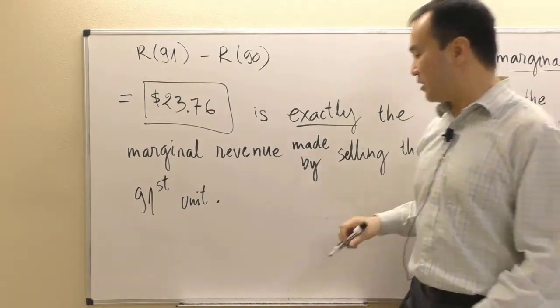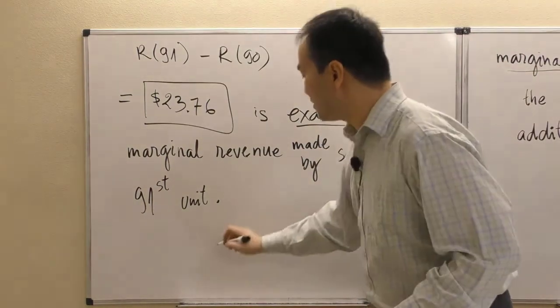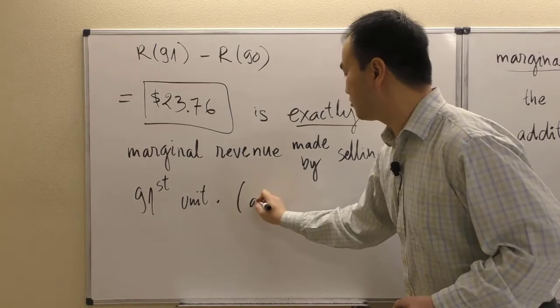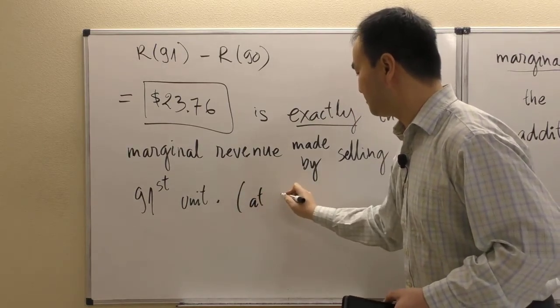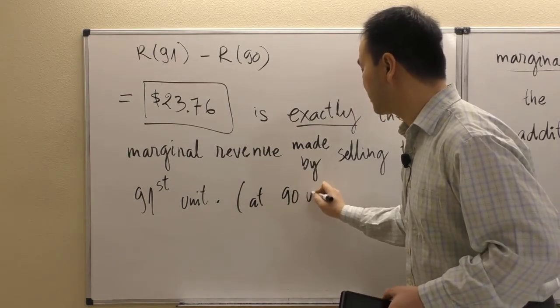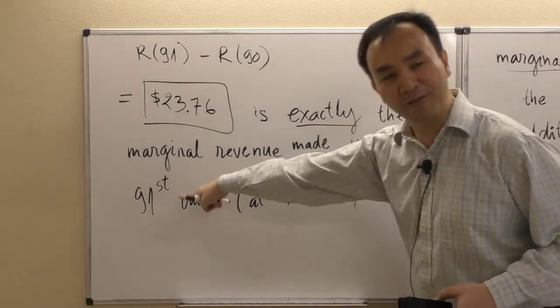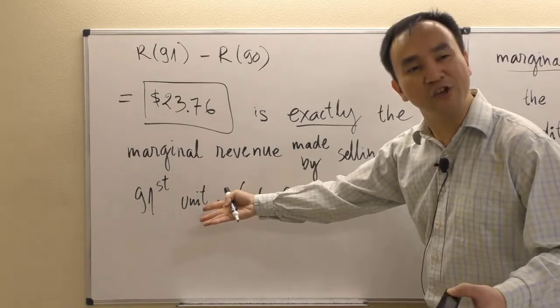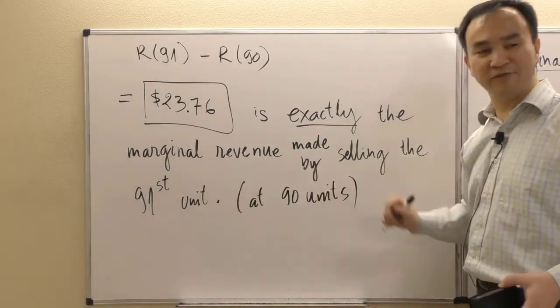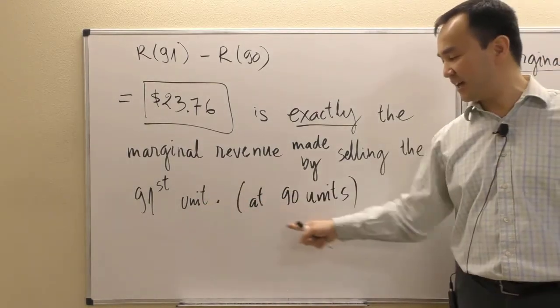Of course, at 90 units, it's the additional amount made by selling the 91st unit, an additional one after 90 units, and that's why I'm saying at 90 units.